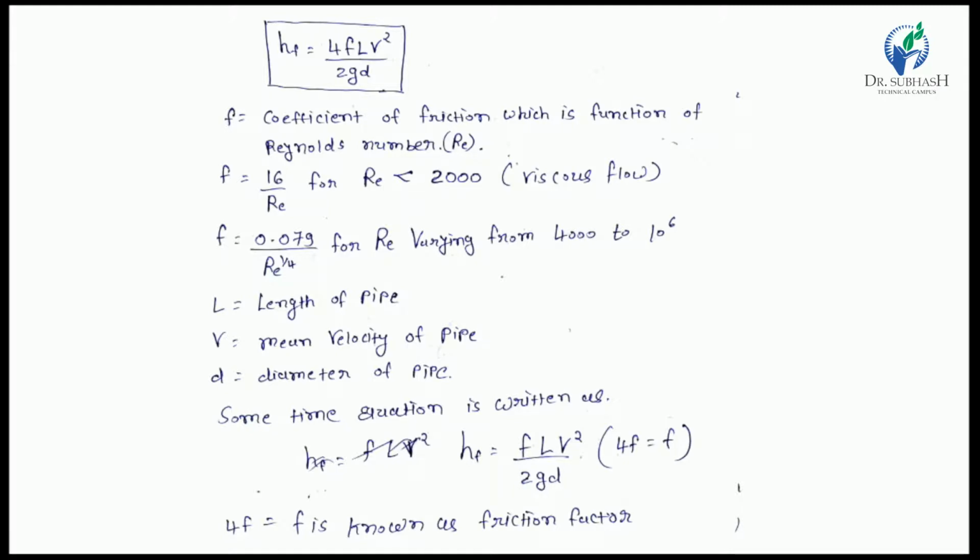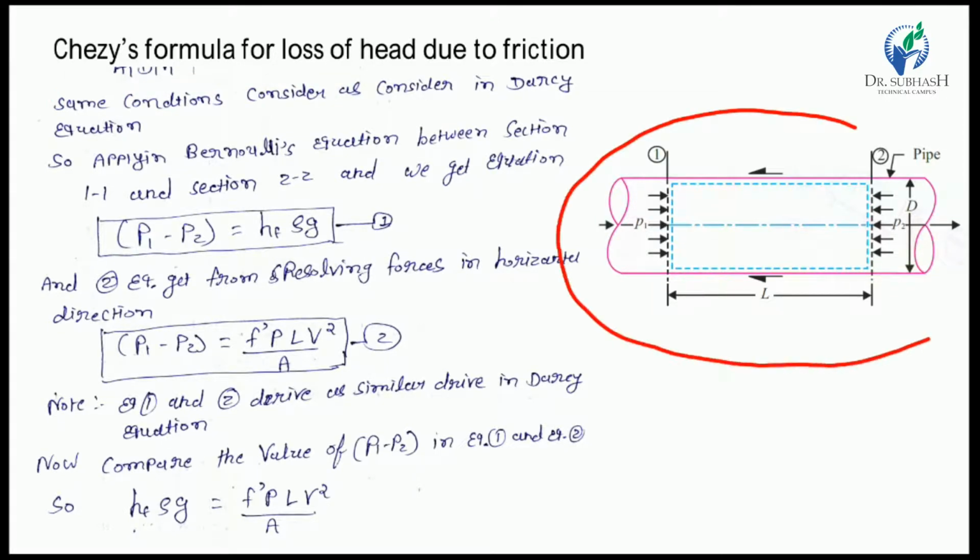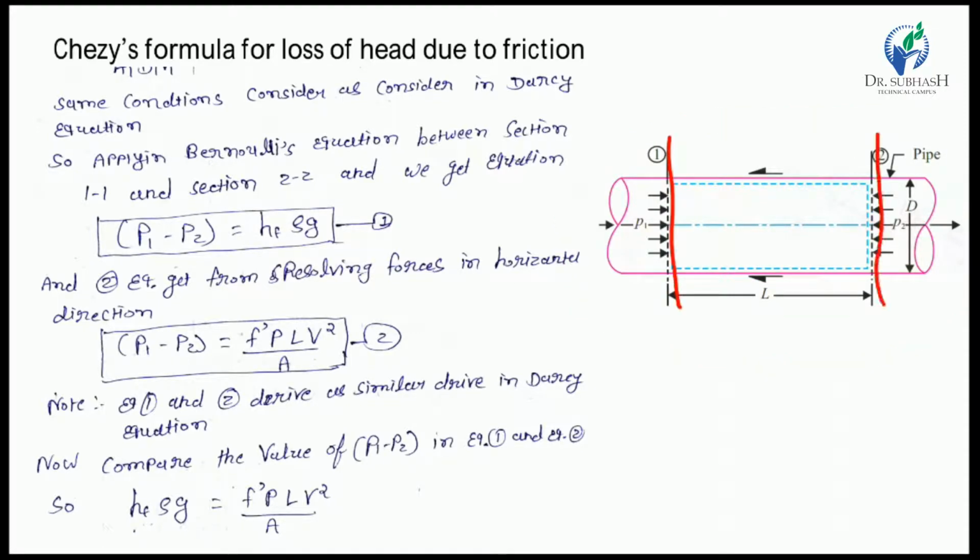Now we see the Chezy formula. So we derive the equation for Chezy's formula. Here similar conditions are assumed for a pipe, and similar sections are taken, and we apply Bernoulli's equation for section 1 and section 2.